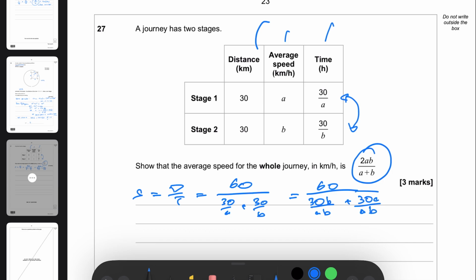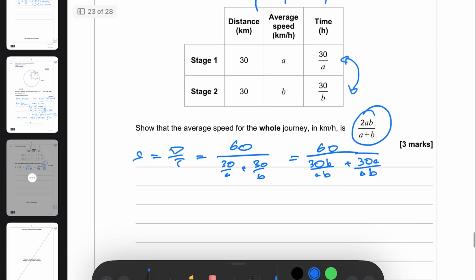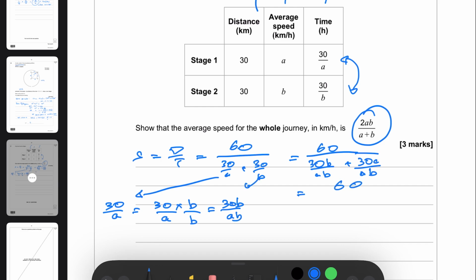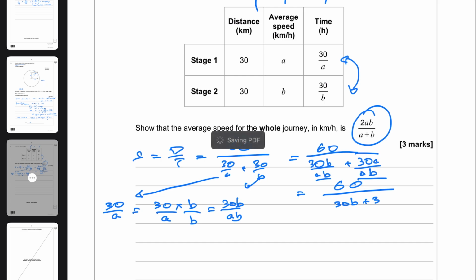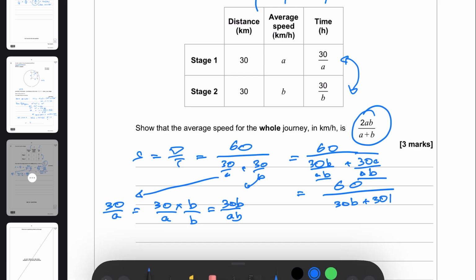So if you guys are wondering what I did here, let me write it here. 30 over a is equal to 30 times b over b, which gives 30b over ab, and likewise with this. And this allows me to simply create a common denominator, 60 divided by 30b plus 30a over ab.